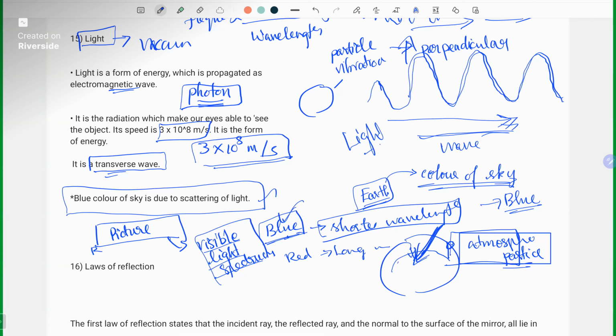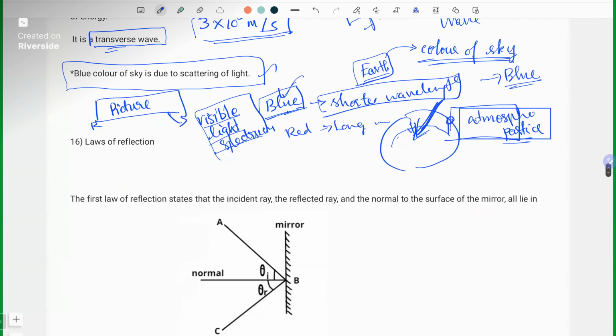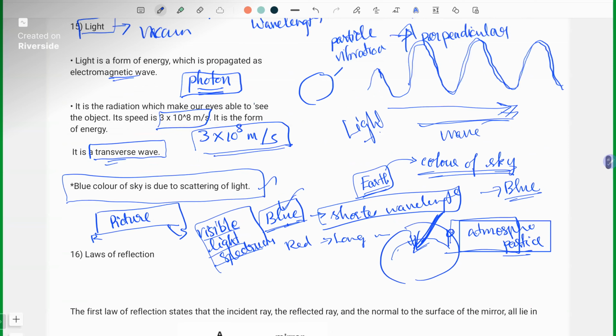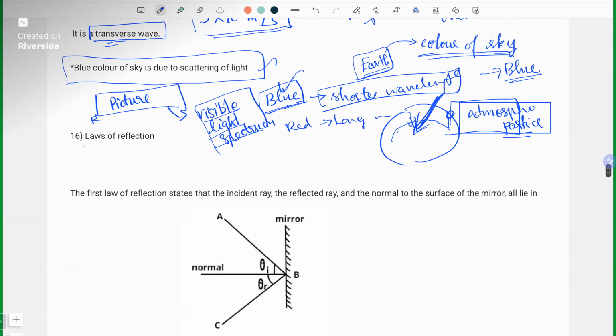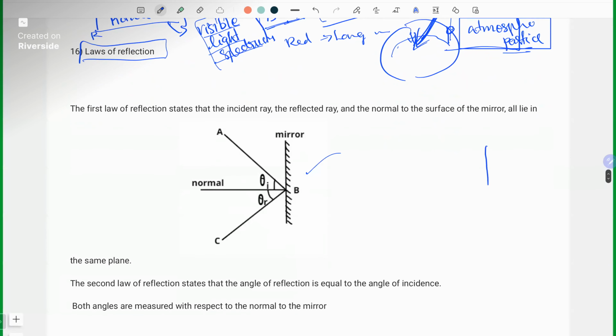Okay. Say yes. Okay madam. Okay, as we come into the topic light, we'll go into laws of reflection. We'll go with this image. We'll take any medium. Here we are taking a mirror. Mirror is a perfect reflector. Okay.